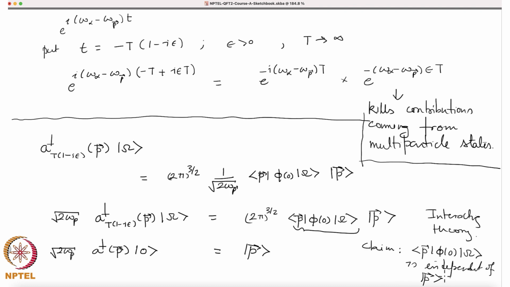If it is independent of P, it means it's a constant. So I will call it the following. It's a constant, and I define that constant to be this root z, also divided by 2 pi 3/2.